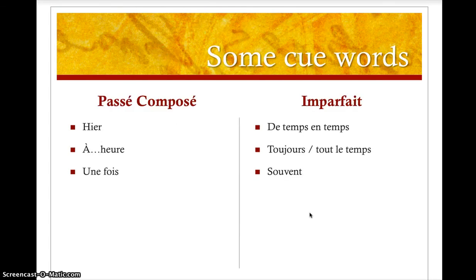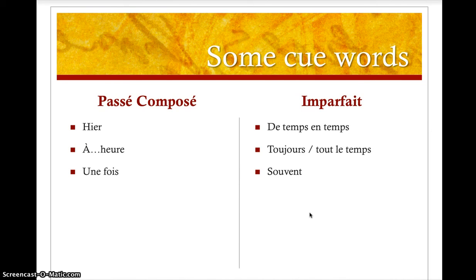All right, some cue words like the passé composé. If you see hier, typically it's going to be an action that started and stopped, and it's in the passé composé. À whatever time, à 8 heures, à 3 heures, à 5 heures is also going to be in the passé composé. Une fois, only did it once, so it can't be ongoing. It can't be any of these kind of habitual actions we're used to with the imparfait.